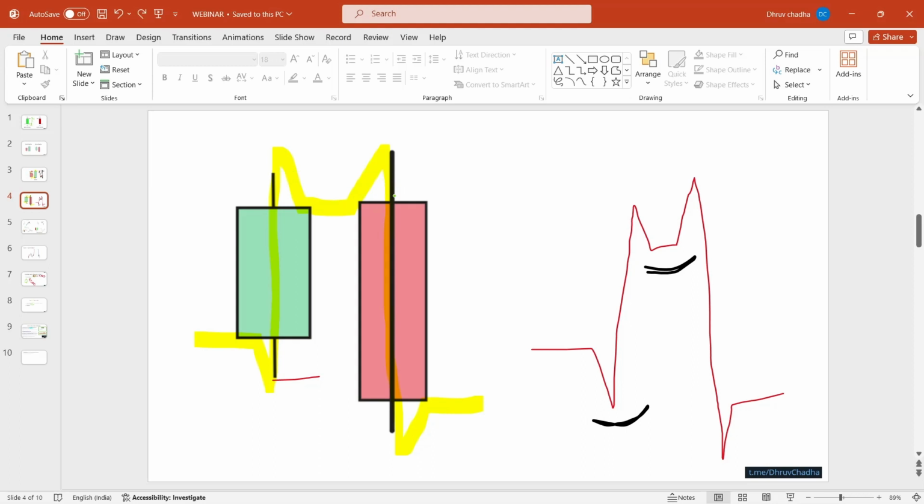But for the QM, we need the high to be higher than the previous candlestick high, right? I hope you all understood this.